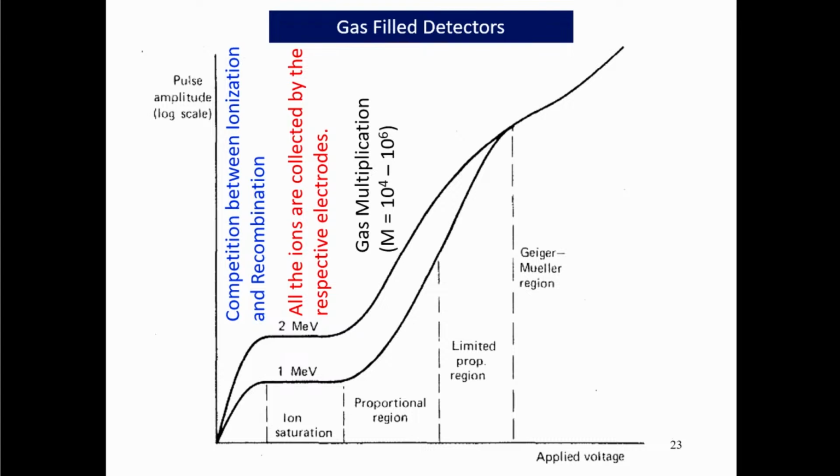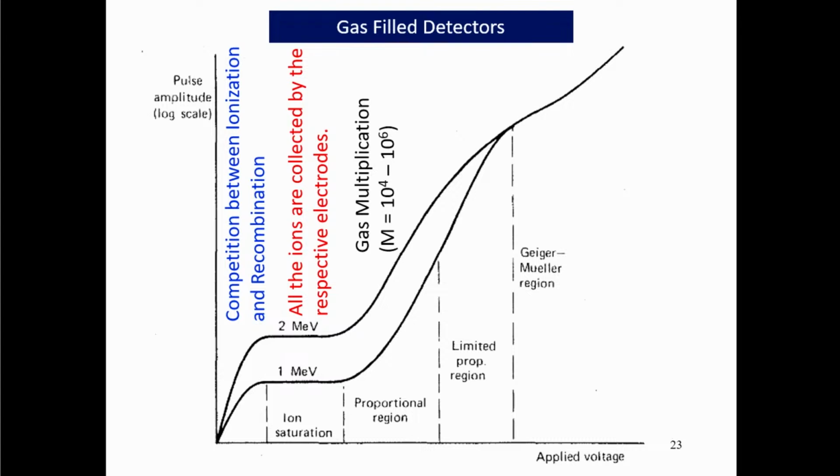Now, if you further increase the applied voltage, you will start losing this proportionality, because beyond a certain applied potential you will have secondary event generation.